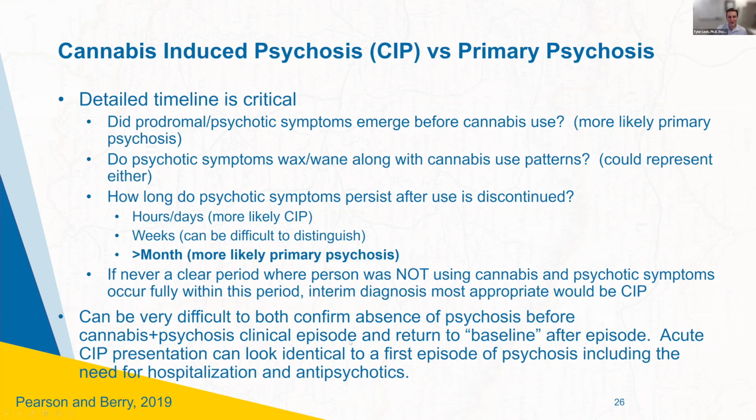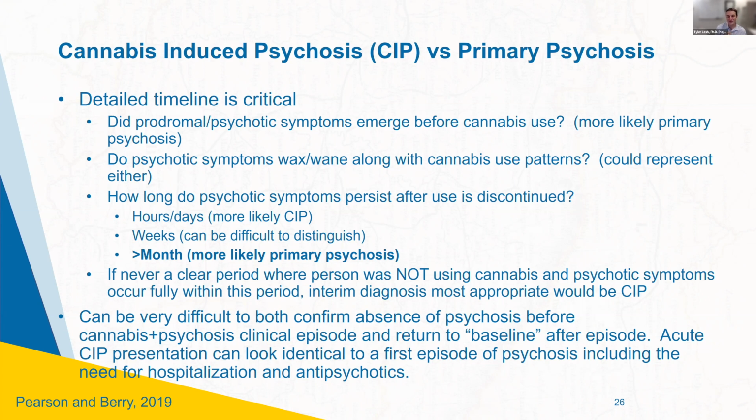I should mention that the actual first experience of a psychotic episode for someone, or the presentation, say at the hospital or your clinic, could be identical, right? Someone who smoked cannabis and has their first psychotic episode kicked off by cannabis might look identical to the person who's never used cannabis before.